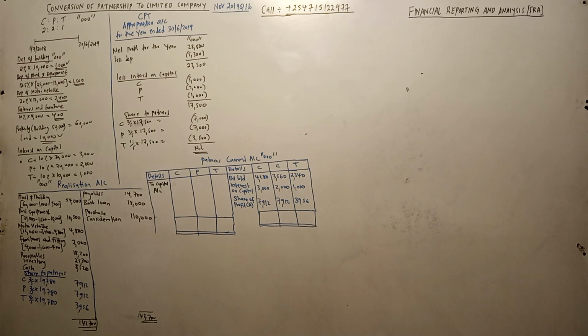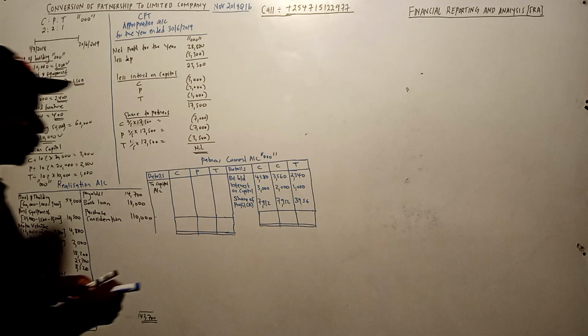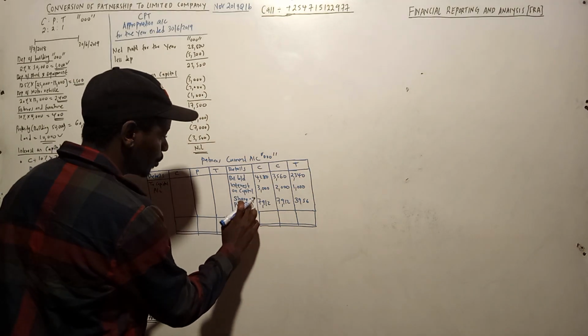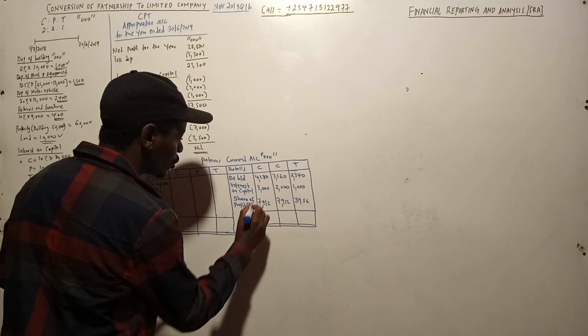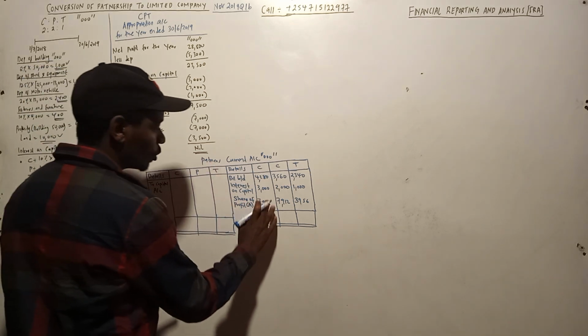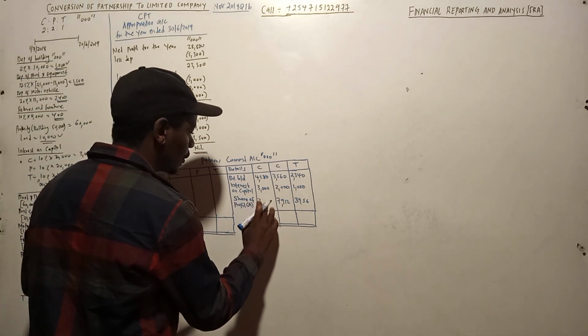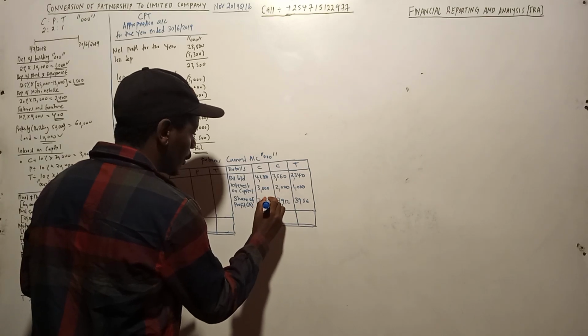Sorry, we have made a mistake here. This is supposed to be the appropriation account, because it is the share of profit. So be very keen, not the realization. Realization will go to the capital.